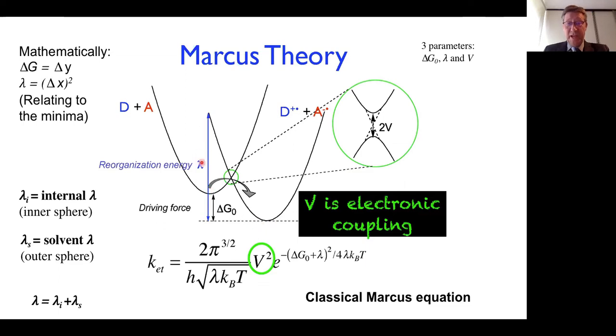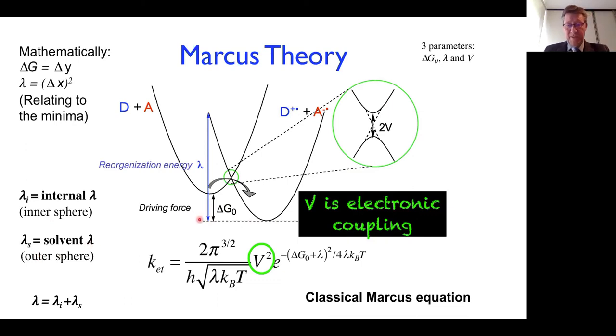The reorganization energy, that is a very important contribution from Marcus, and it contains an inner sphere and an outer sphere. So we have an internal or inner sphere reorganization energy, and we have an outer sphere, a solvent reorganization energy.